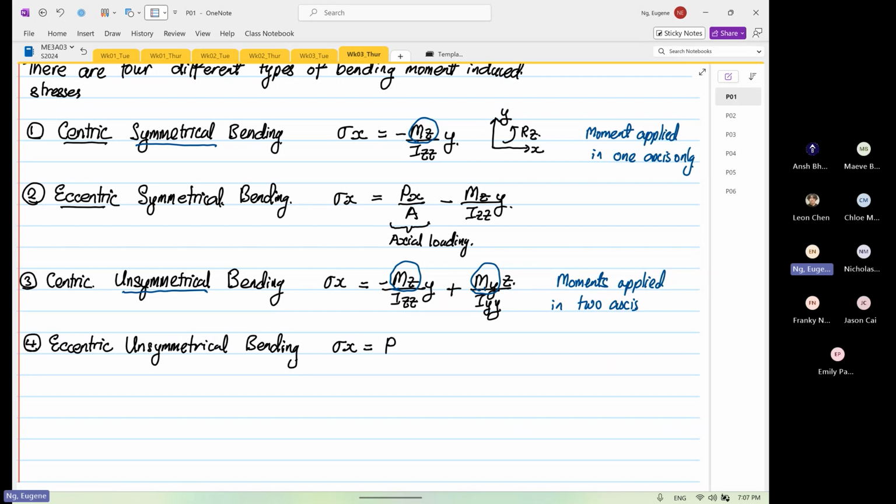Again, you now have P x over A minus Mz over Izz multiplied by y plus My over Iyy multiplied by z. So the only difference between eccentric and centric is that now we have an axial load.